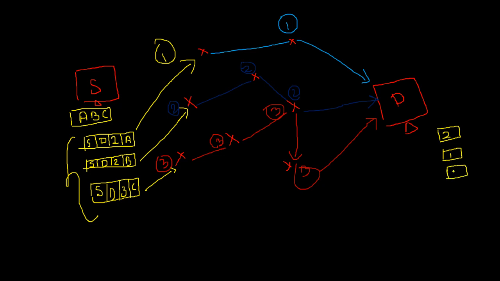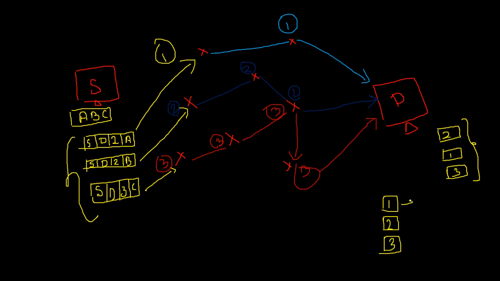Once all these packets reach the destination computer, the destination computer reassembles them on the basis of their sequence number. First it sets packet number 1, then packet number 2, and after that packet number 3, and then it obtains the message from these packets.